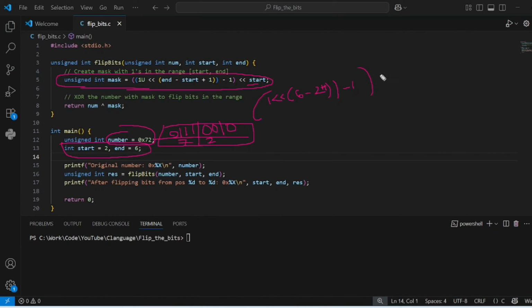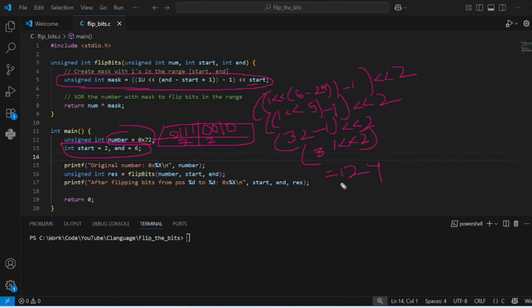The whole thing is left shifted by start, that is 2. 6 minus 2 is 4, plus 1 is 5. So this is 1 left shift by 5, minus 1, and again left shift by 2. Left shifting 1 by 5 is 2 to the power of 5, that is 32, minus 1 is 31, and left shifting 31 by 2 is 124, because 31 times 4.